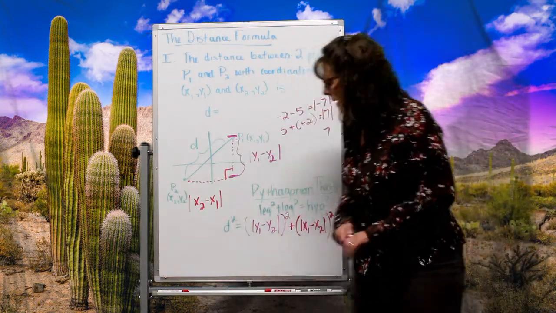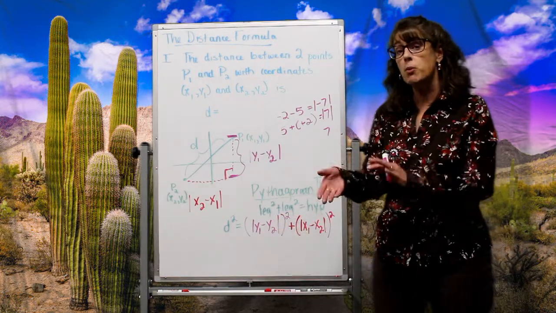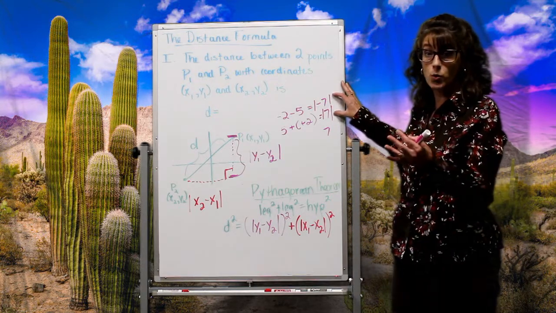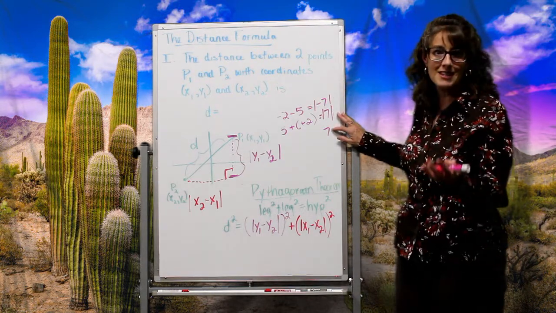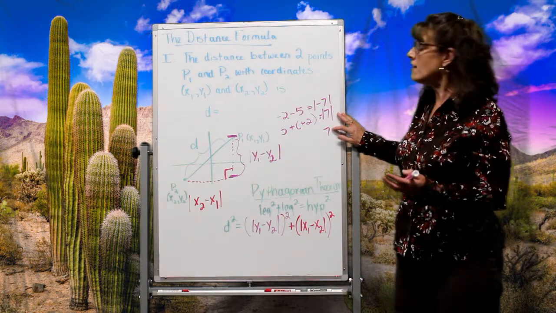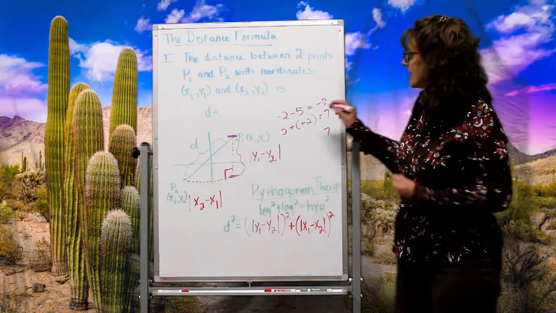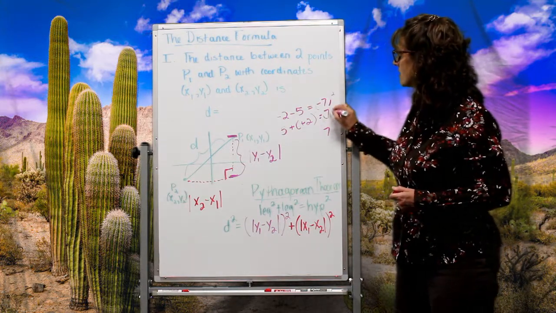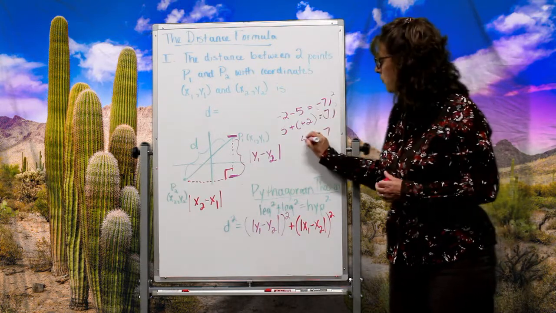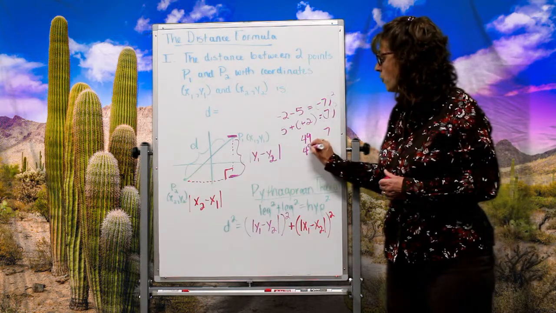Two things I want to point out. One is that I'm taking this absolute value and squaring it, and the point of the absolute value was to ensure that this distance is neither positive nor negative, and I come up with, for instance, a 7. It doesn't have to be 7, but for instance, a 7. Well, if I don't have absolute value on there at all, but instead I square this, then a negative 7 squared would be a 49, but as well a 7 squared is going to be a 49.